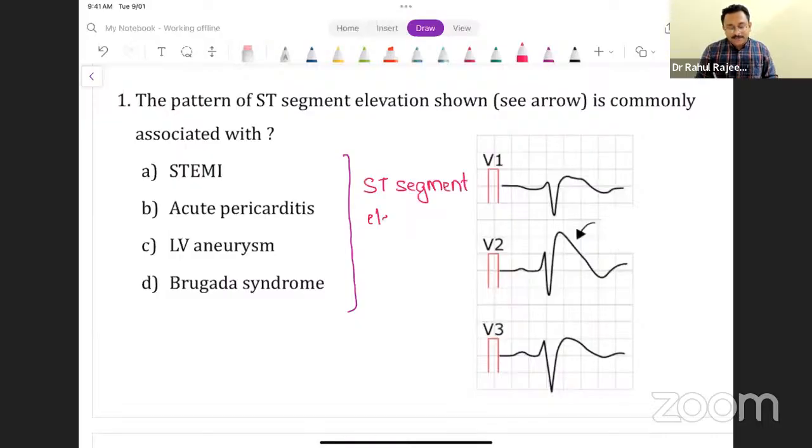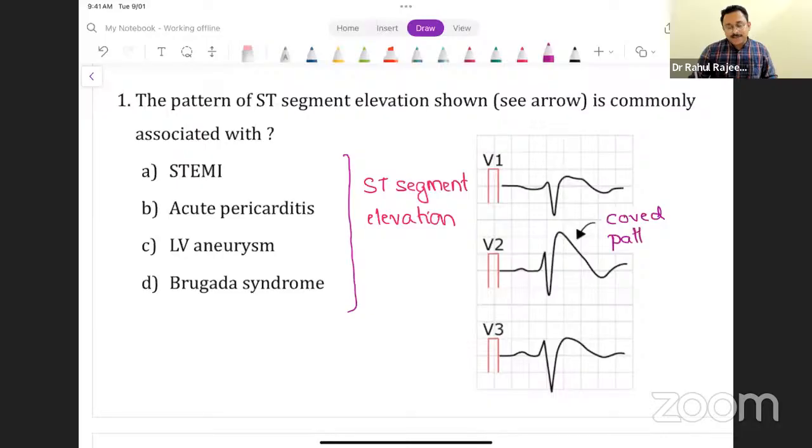But here the question is on the pattern of ST segment elevation. What is the pattern you are seeing in these leads? That is the precordial leads shown, V1, V2, V3, and the arrow is pointing to the pattern in V2. This sort of ST segment elevation is known as coved pattern.